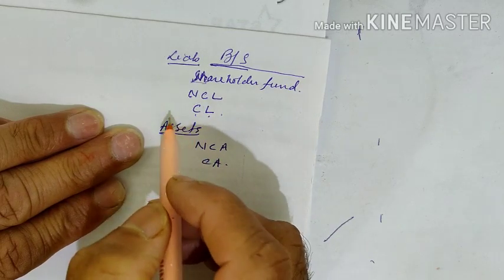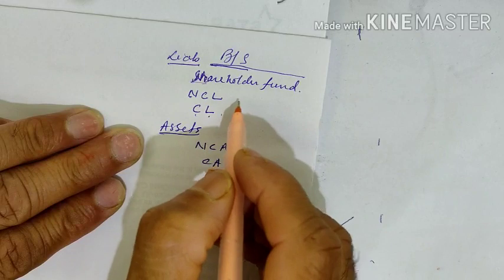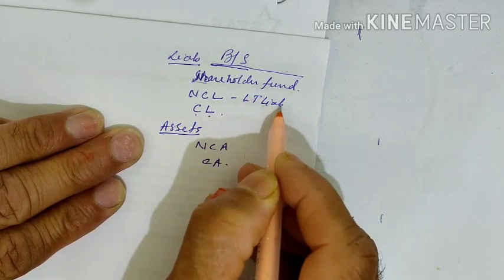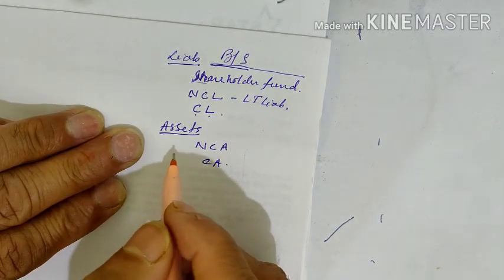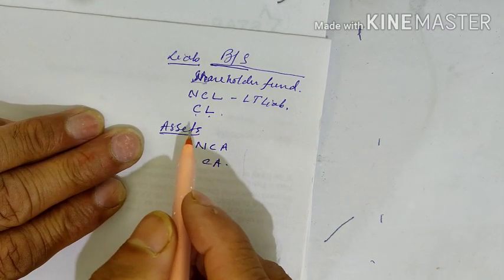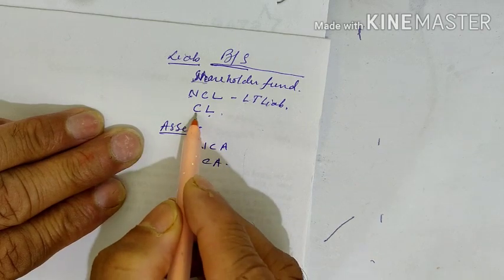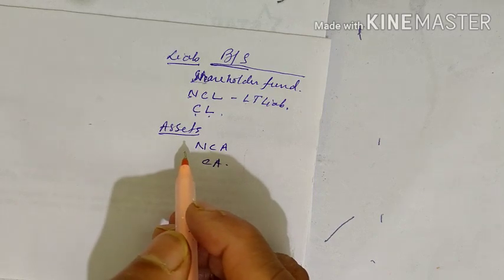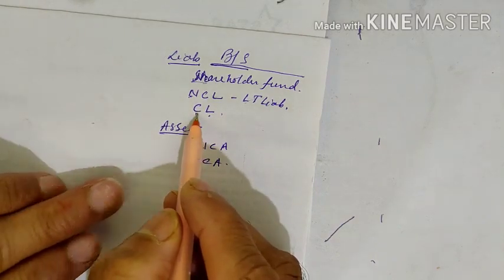Then you have non-current liabilities, that means long-term liabilities, obligations of a business which need to be paid over a long period of time. Current liabilities are short-term obligations. That means the liabilities which need to be paid within a year. That is called current liability.